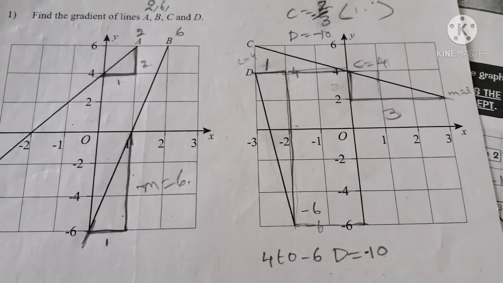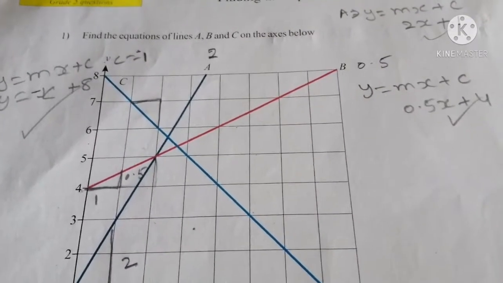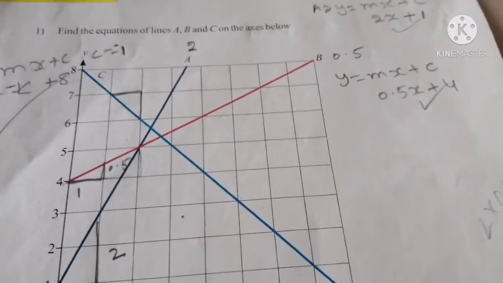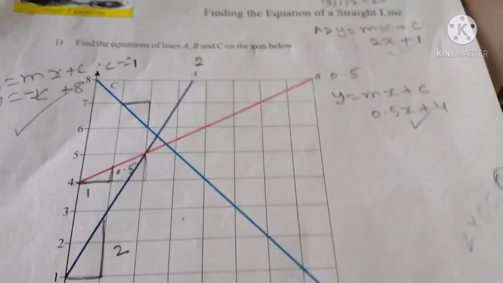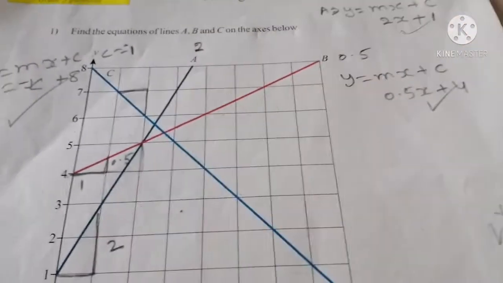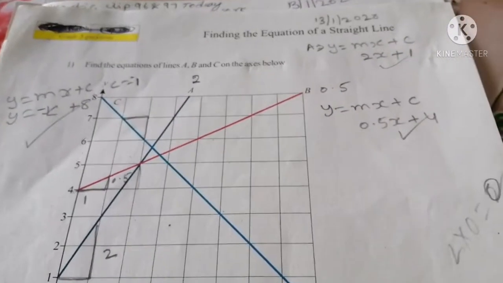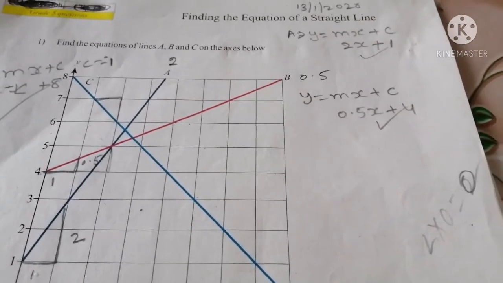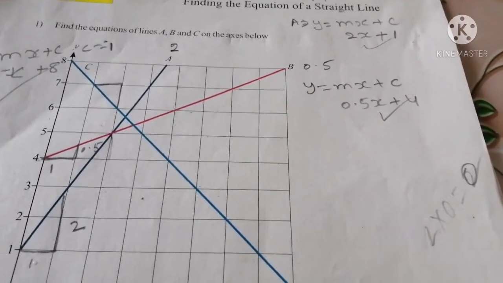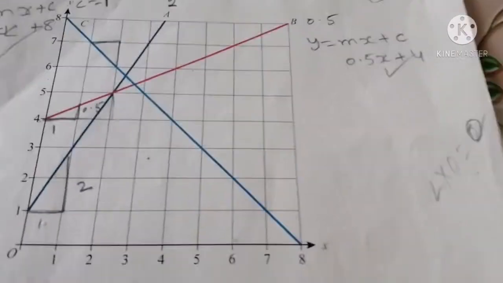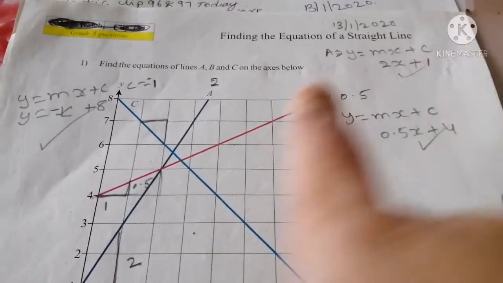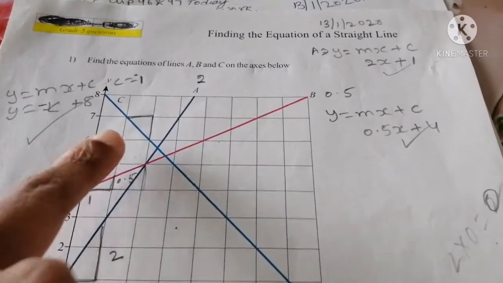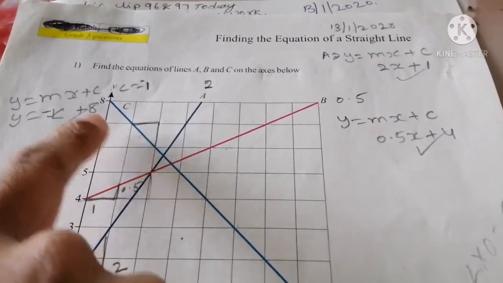And if you see in the equation of lines, A, B, C on the axis below. So how do we find? First we need to write y equal to mx plus c, and then we need to find the gradient.